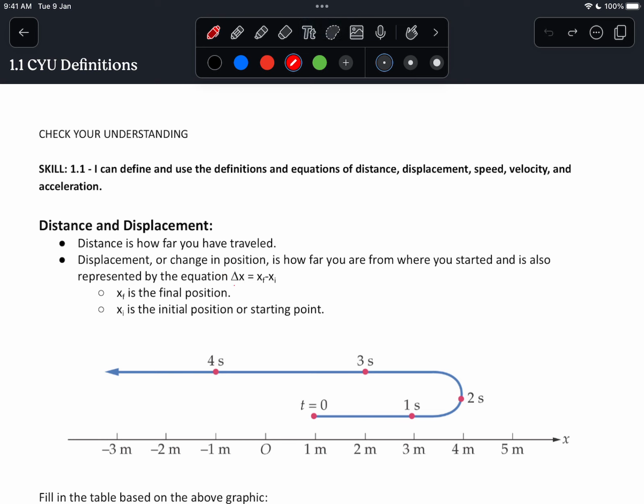Let me rewrite this again. This really means the change in your position, or change in x, then all I'm looking at is xf, the final position, and x sub i, which means the initial position. So where you started and where you finished.